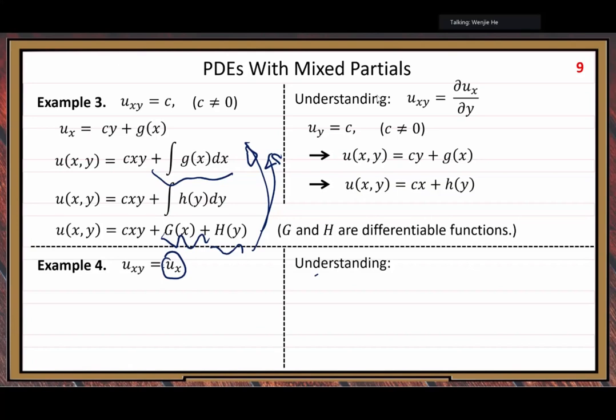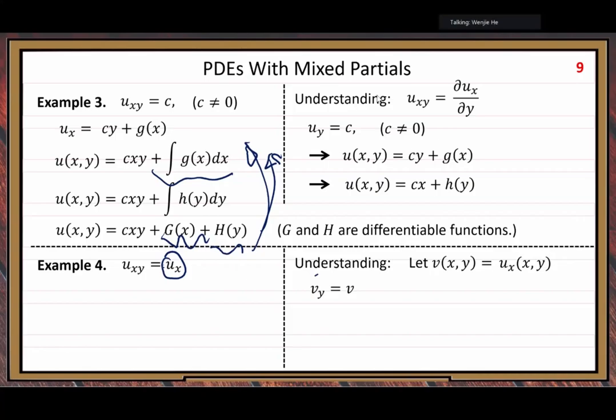Our first step, let us write U sub X as another function, V function. V of x, y equals this, partial u over partial x. If we introduce a new function, V function, the original equation we can write as v sub y equals v. That's an ordinary ODE, and we know how to solve it.